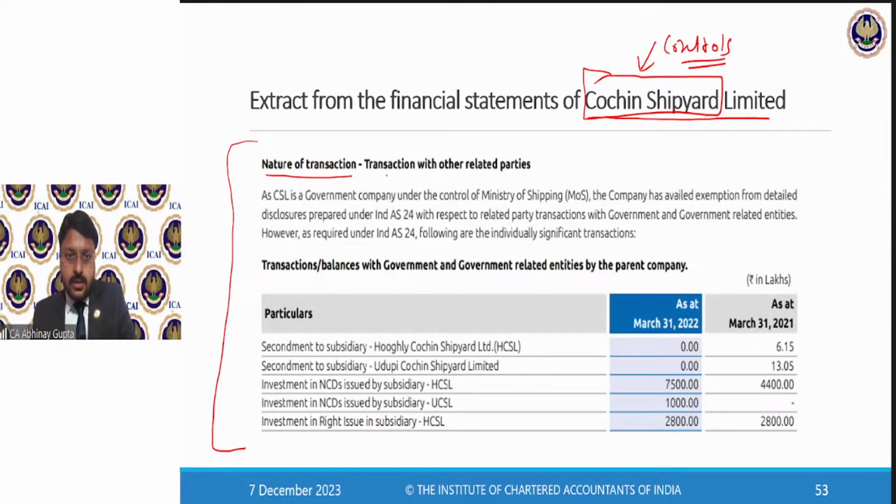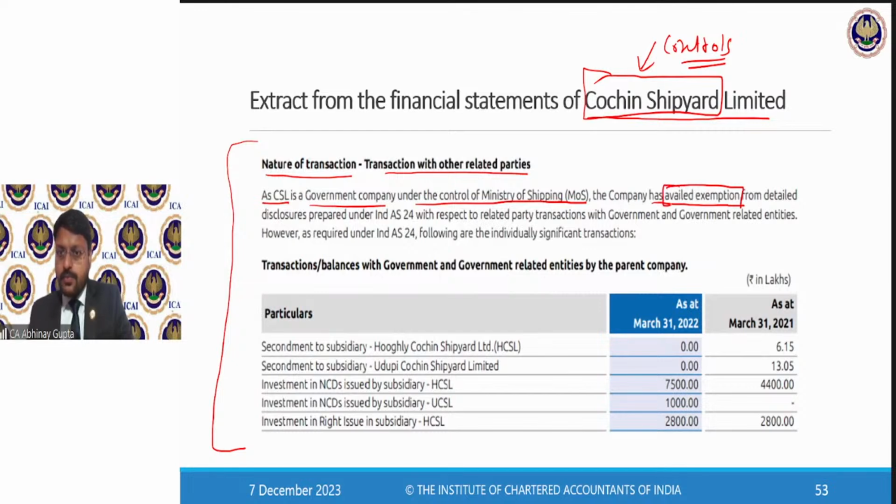Nature of the transaction: transactions with other related parties. As CSL, Cochin Shipyard Limited, is a government company under the control of the Ministry of Shipping, MOS, the company has availed exemption.